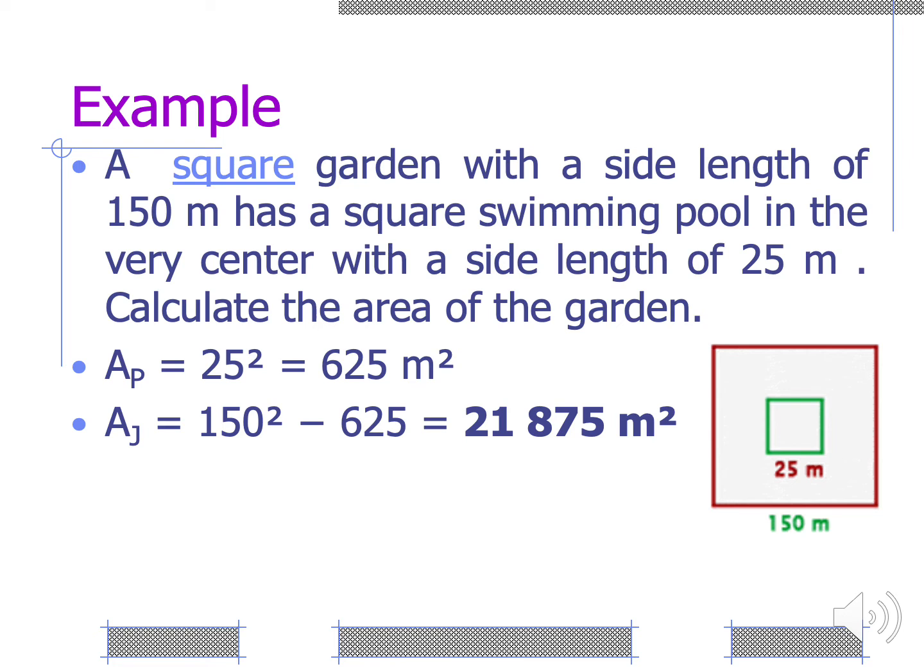Now you're asked to find the area of this garden, so the garden only without the pool. Simply find the whole area, 150 times 150, then find the area of the pool, 25 times 25, and then subtract. So 150 squared minus 25 squared, or that's 21,875 square meters. That is the area of this garden.